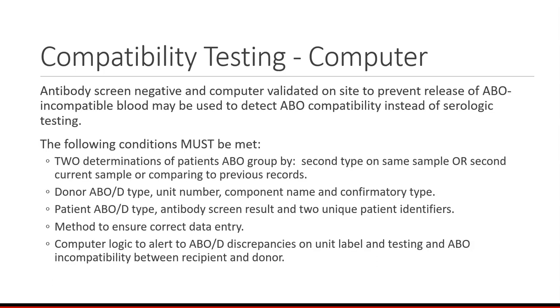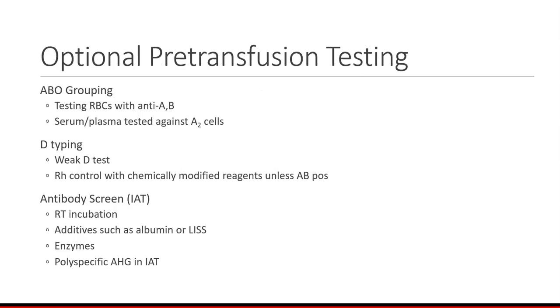Computer logic to alert to ABO/D discrepancies on a unit label, and testing for ABO incompatibility between a recipient and donor. So all of these things must be met before a hospital lab can consider computer cross-matching.